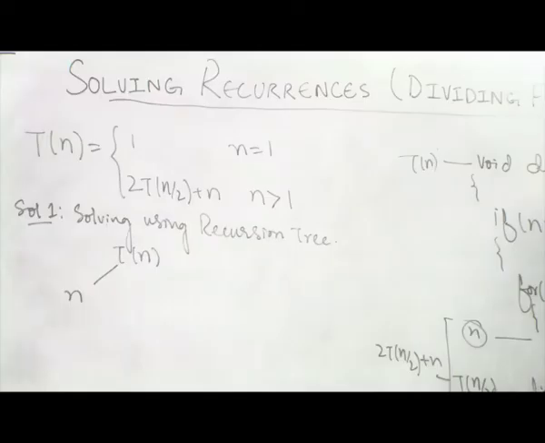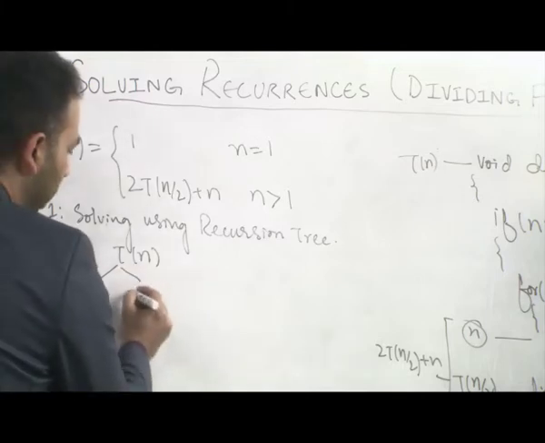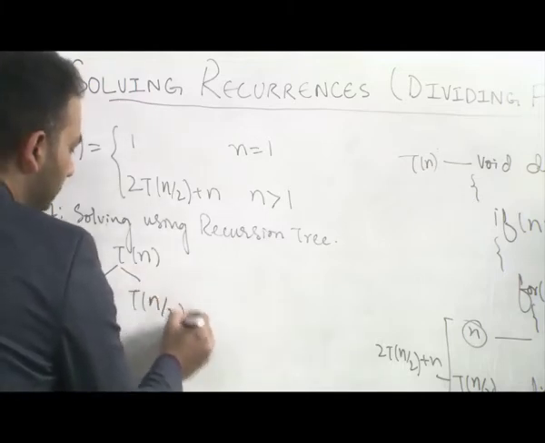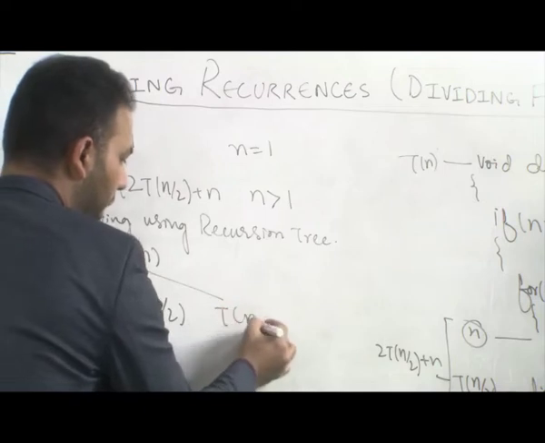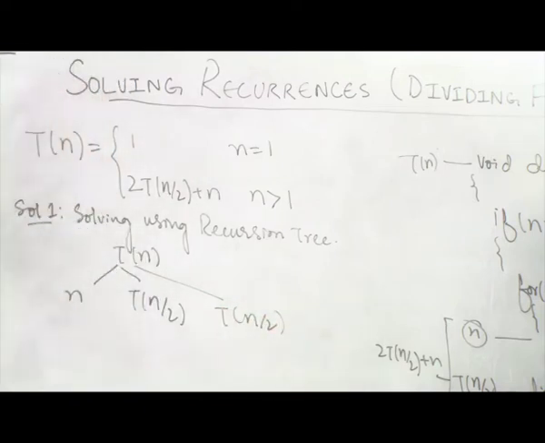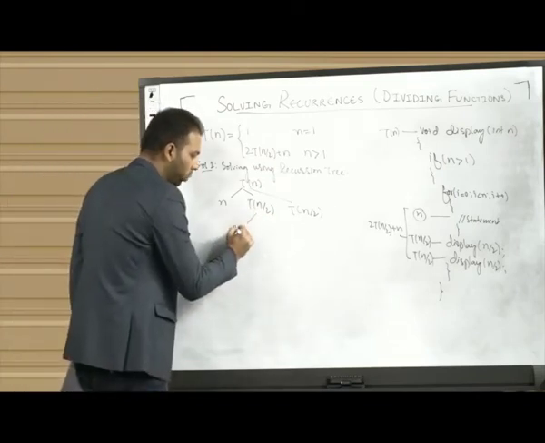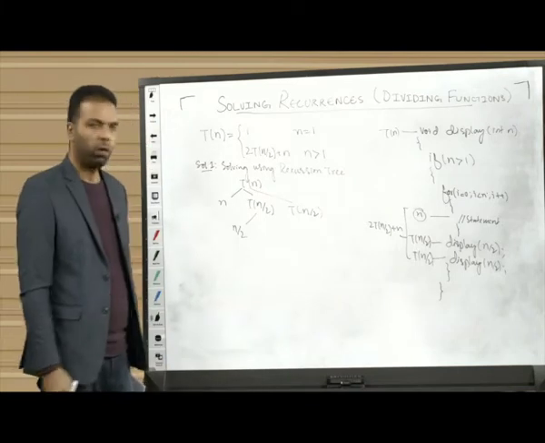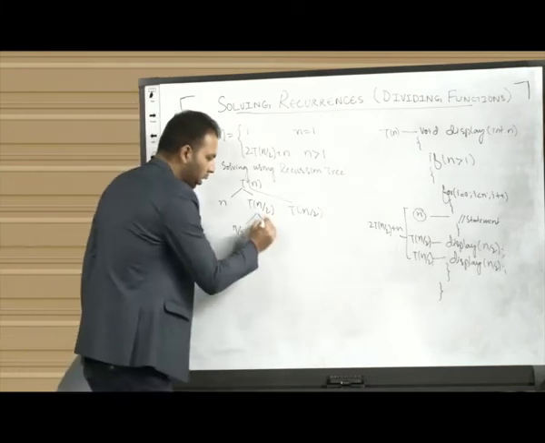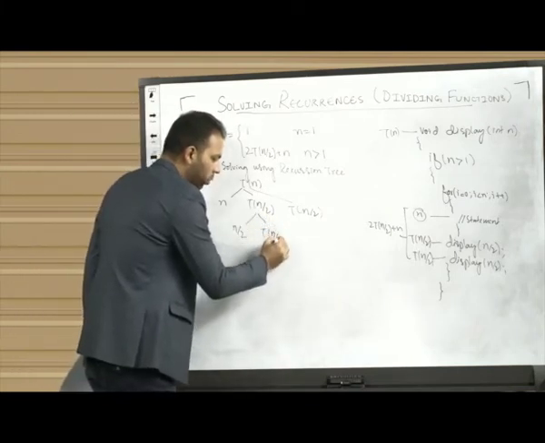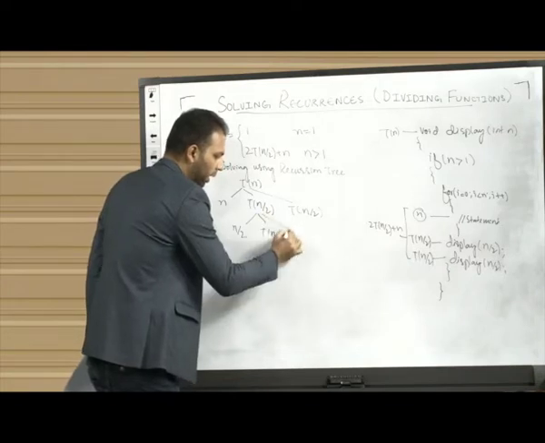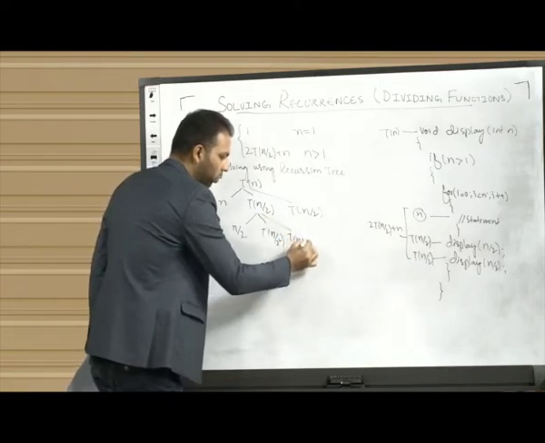Then it will call t n by 2 and it will again call t n by 2. Now this will first print n by 2 times. Then it will call t n by 2 square and t n by 2 square.